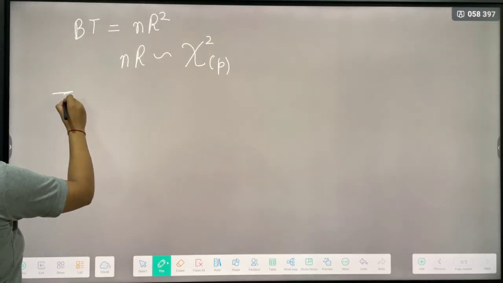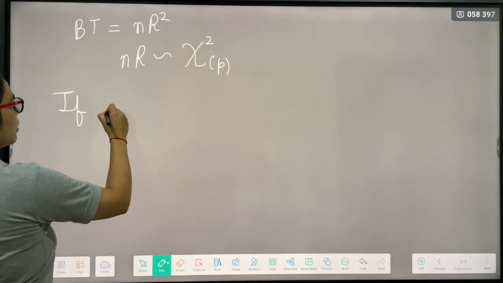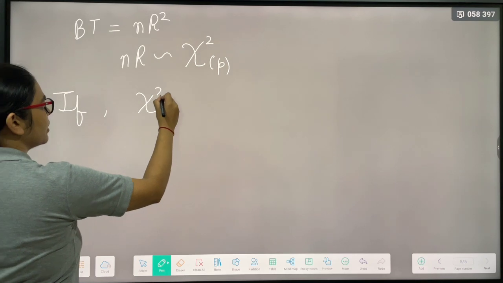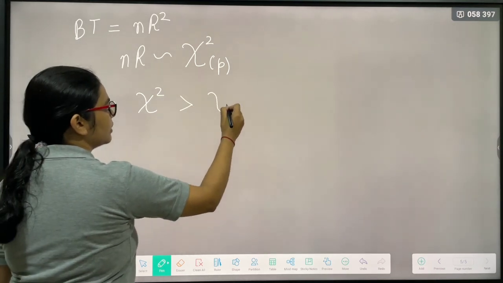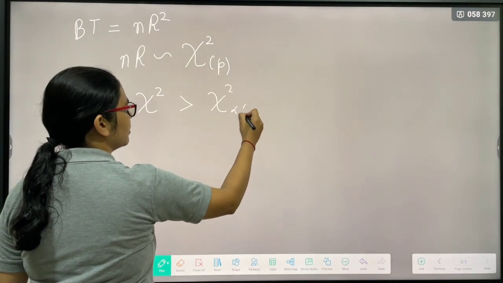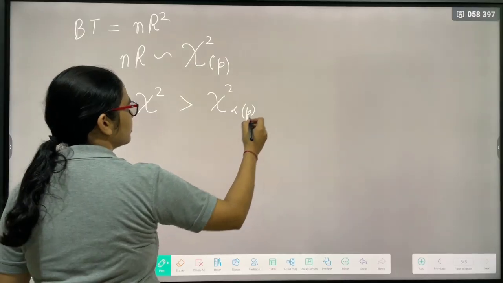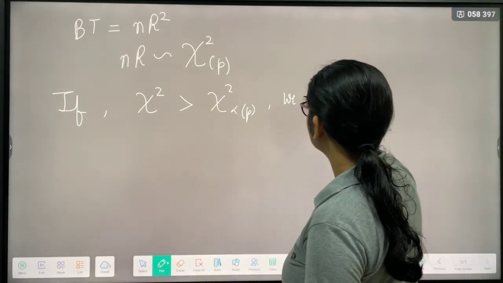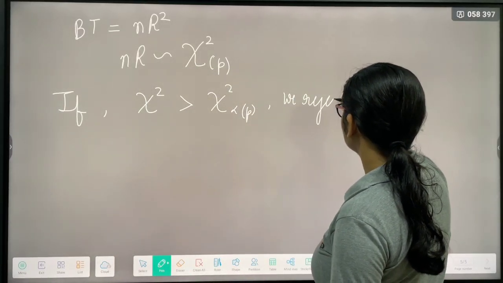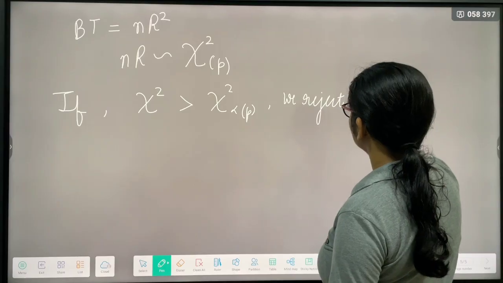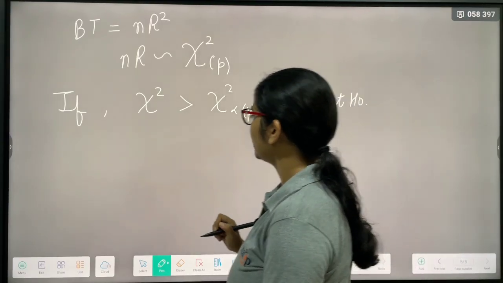Now if chi square is greater than chi square alpha p, then we reject H naught. And what was our H naught?